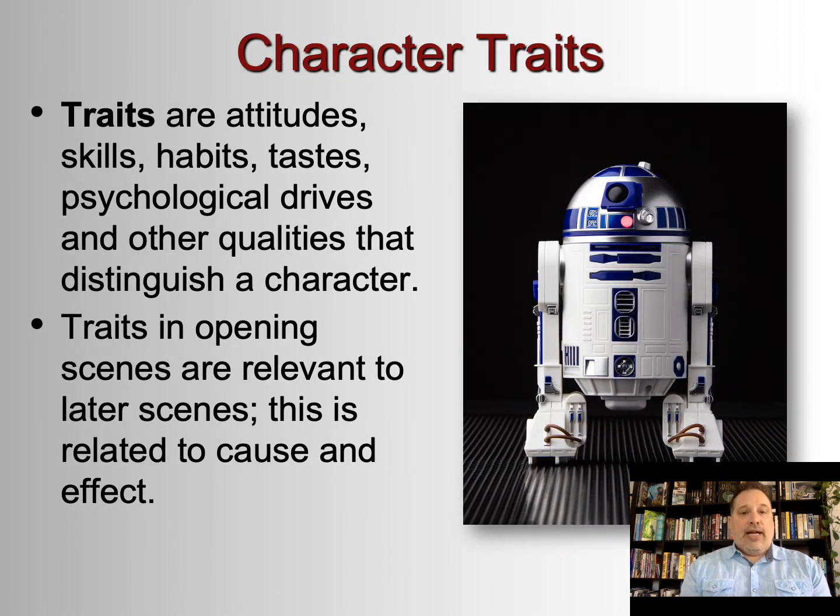So how do character traits play into this? Well, the character traits are attitudes, skills, habits, tastes, psychological drives, and other qualities that distinguish a character, right? Our most interesting characters are the ones where these traits are arranged in very original and compelling ways, right? And traits in opening scenes are relevant to later scenes.